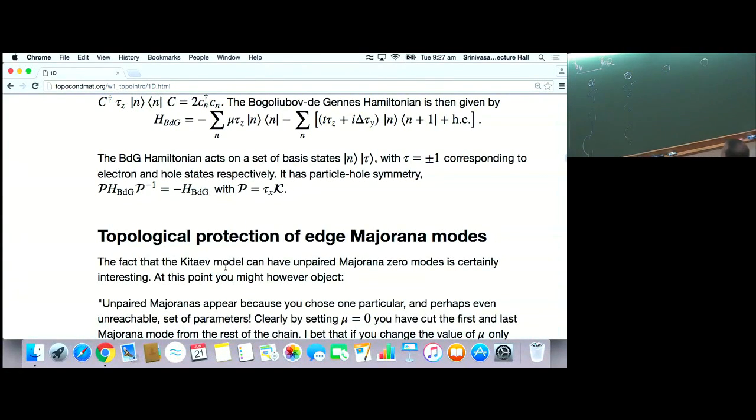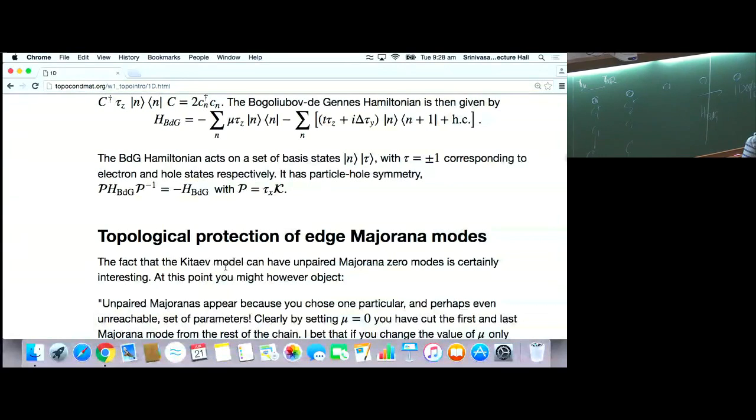This is second quantization, and when I write down the matrix corresponding to this, it is the Bogoliubov-de Gennes matrix. Then I have a tensor product representation. I have sites, so this is site 1, but it has a particle and a hole. There are two degrees of freedom per site.